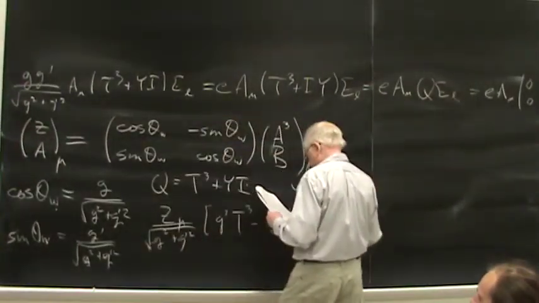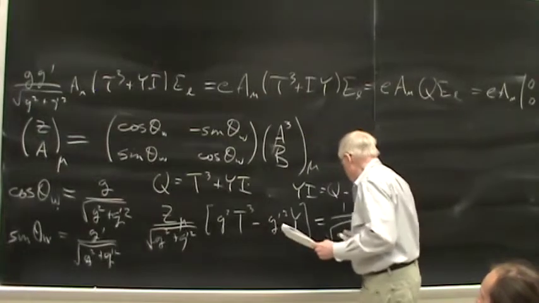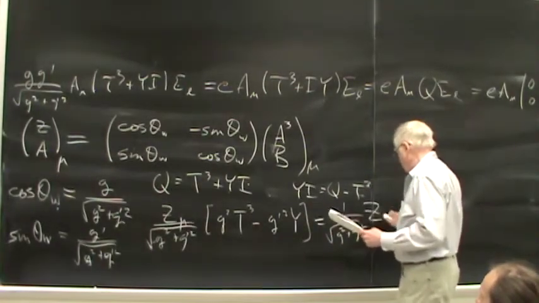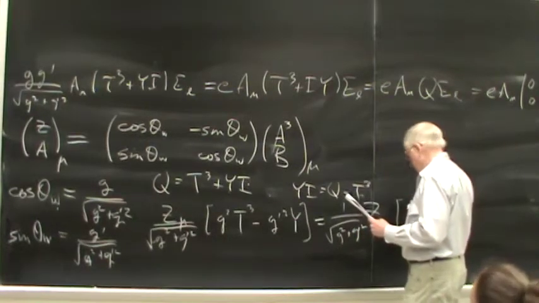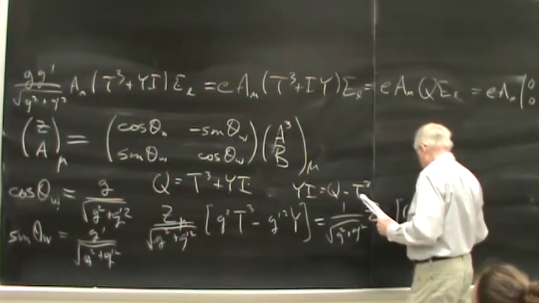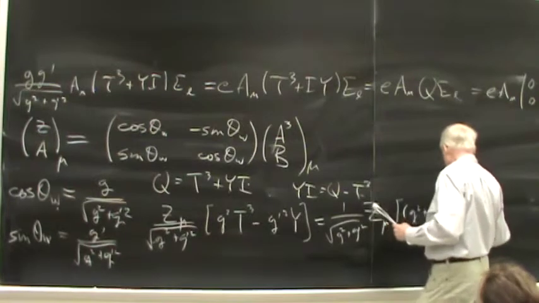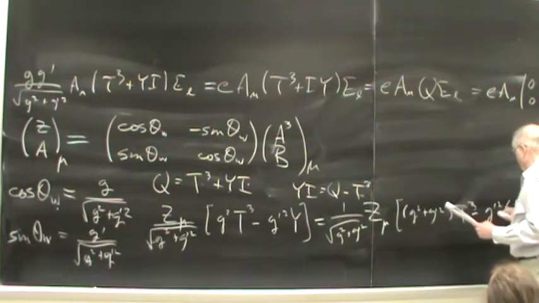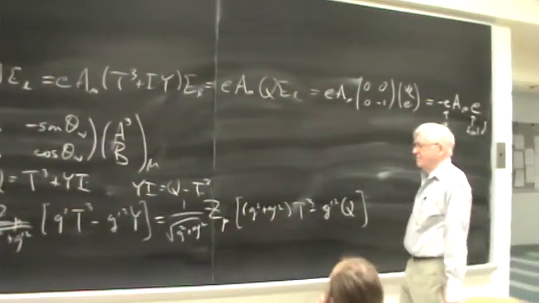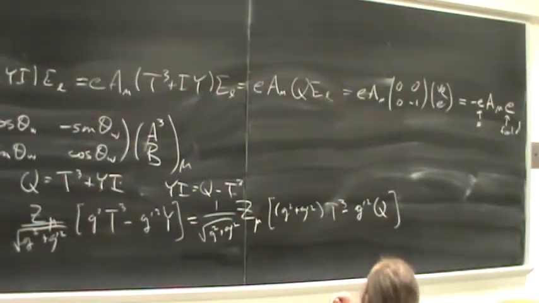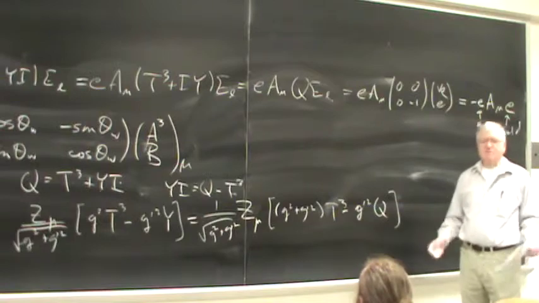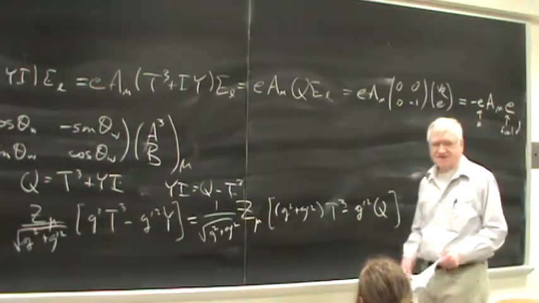This is then 1 over the same square root of g squared plus g prime squared, Z mu, and then it's g squared plus g prime squared T3 minus g prime squared Q. Okay. So this is a slightly clumsier way of writing it, but at least we don't have to keep reminding ourselves what Y is.